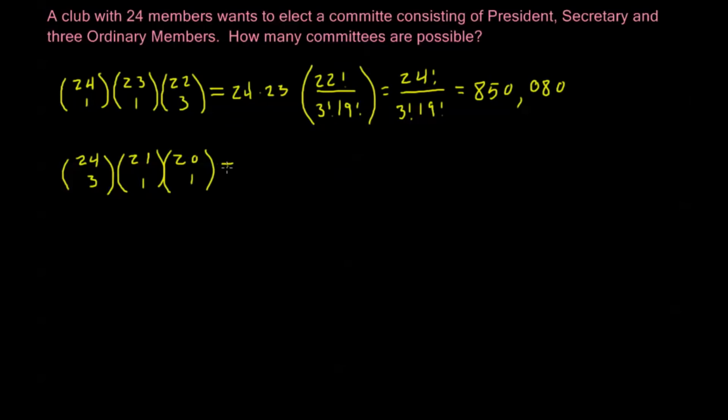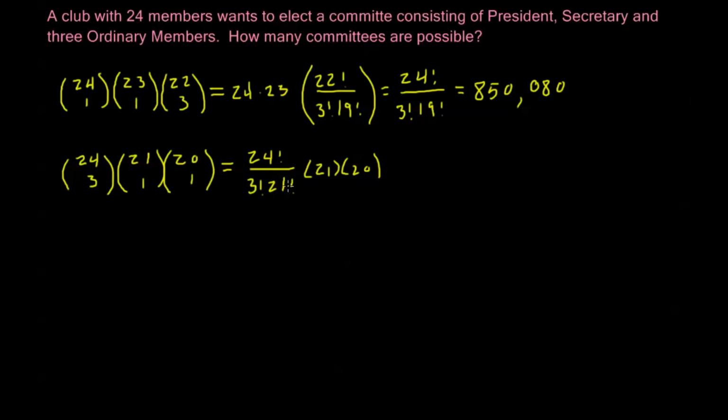Now I just want to try to make it match one of these things I have up here so we can make sure that this is actually going to be the same. So this is 24 factorial over 3 factorial, 21 factorial, times 21 times 20.